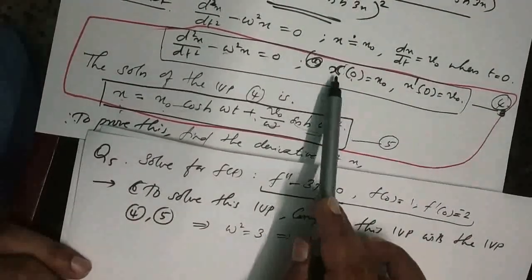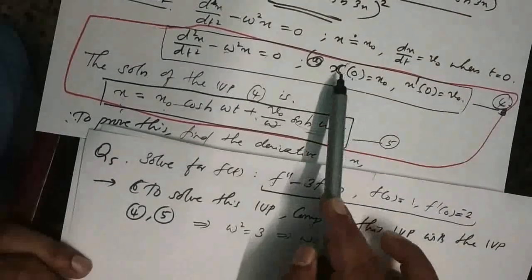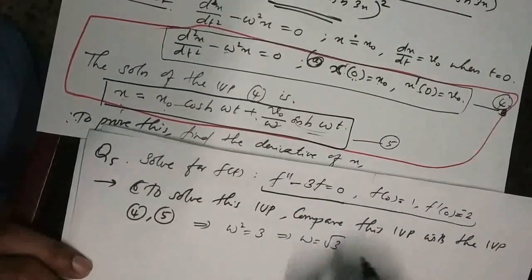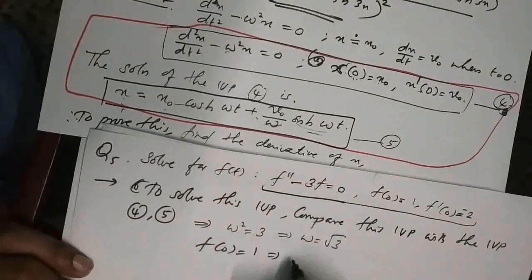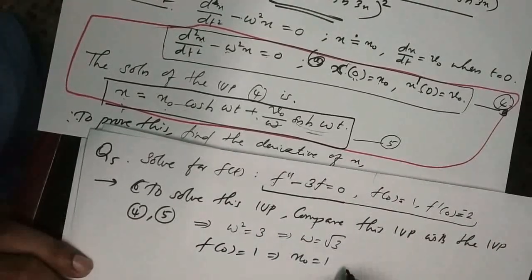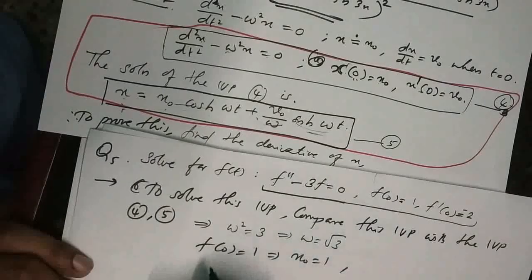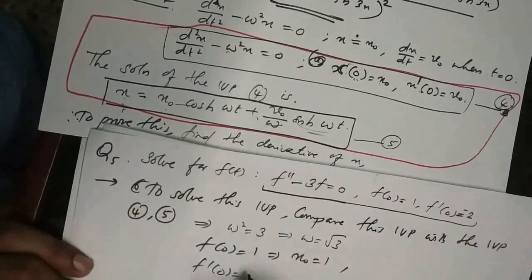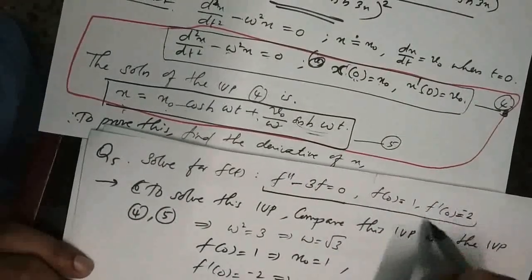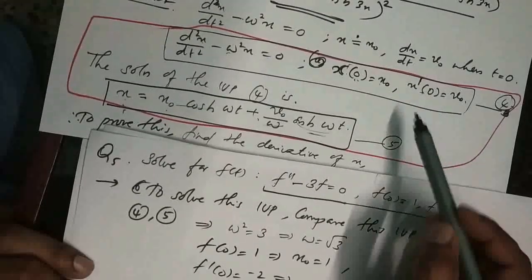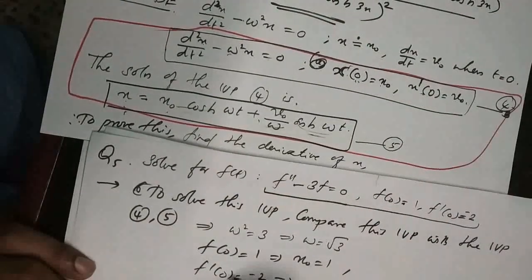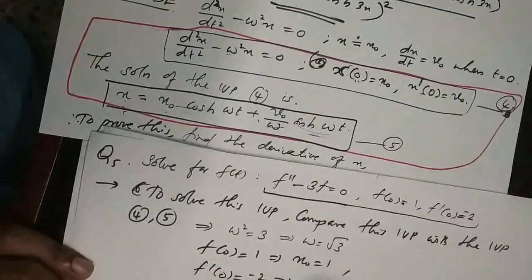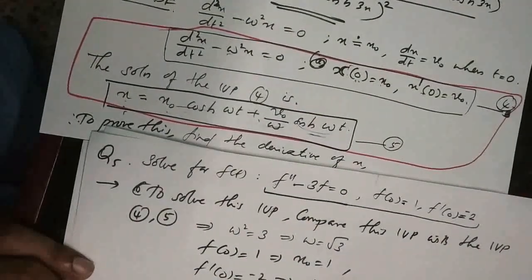And f(0) = 1 implies x0 = 1, and f'(0) = −2, compared with x'(0) = v0, implies v0 = −2.